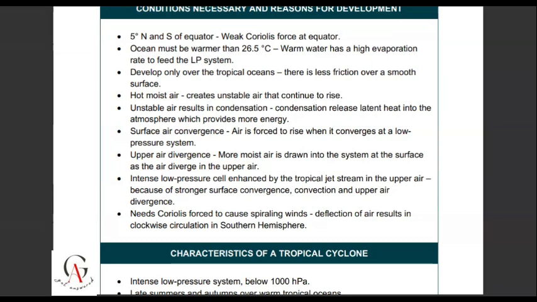So the basic temperature is 26.5 degrees Celsius. That is the minimum temperature required for the effective development of the weather system. And they also occur over tropical oceans. There's less friction. Yes, I think that's clear. They require a smooth surface where there's less friction. So basically, you must look at the factors which will favor the development of the weather system. That is basics of the tropical cyclone.